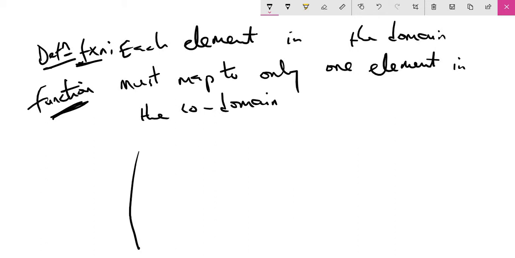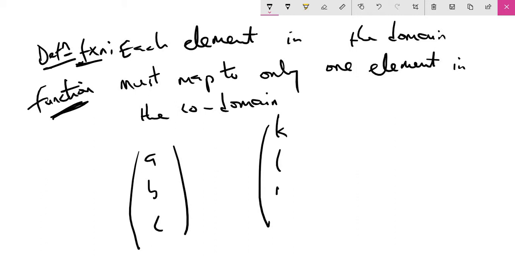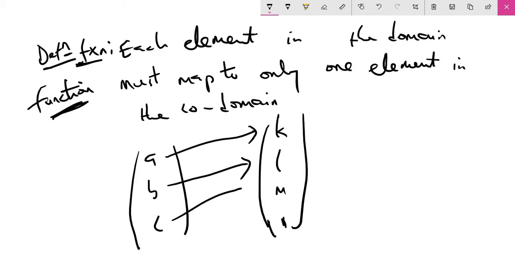For example, if we have A, B, C and K, L, M, N, you can just have this. We can see that every element maps to a unique value, and in fact, each element maps to only one value.